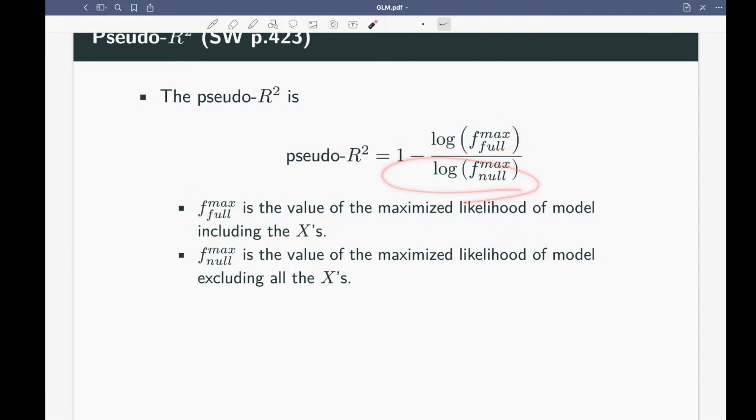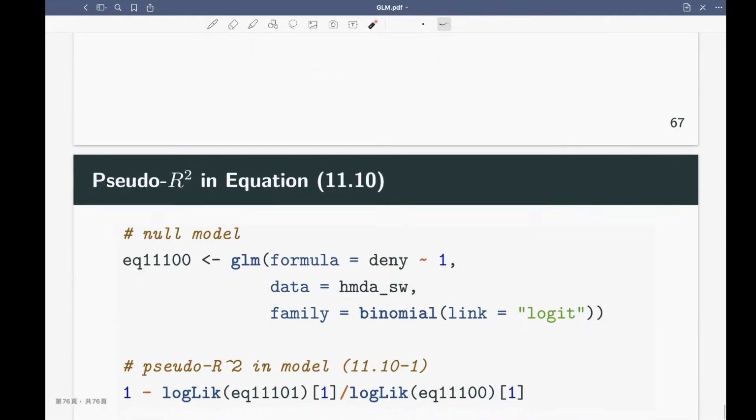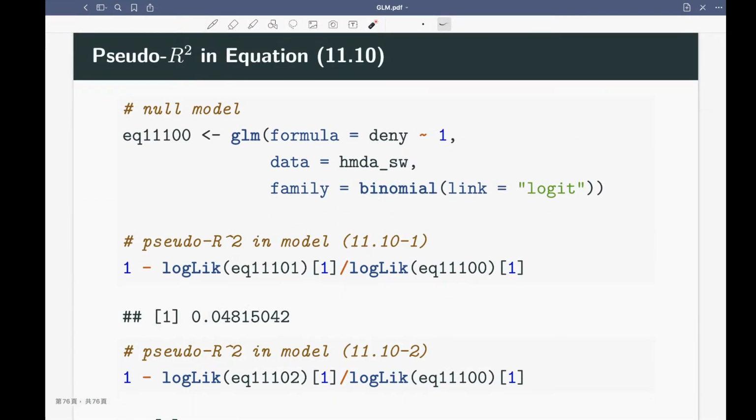And the denominator is the log likelihood of the null model. Taking the log of the likelihood, we can find this term excludes all the x, that is, it only includes the intercept.